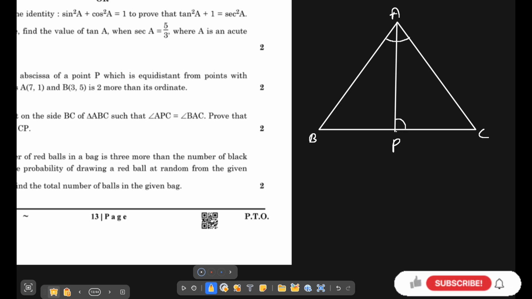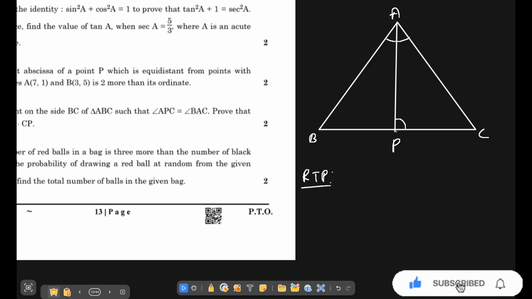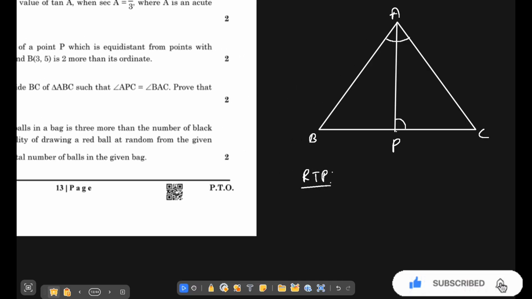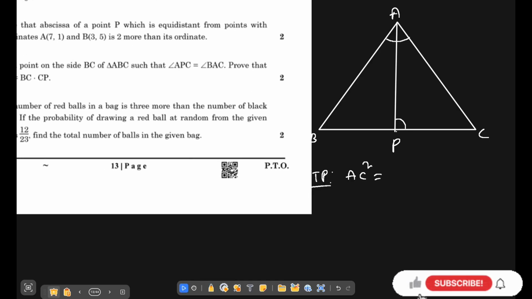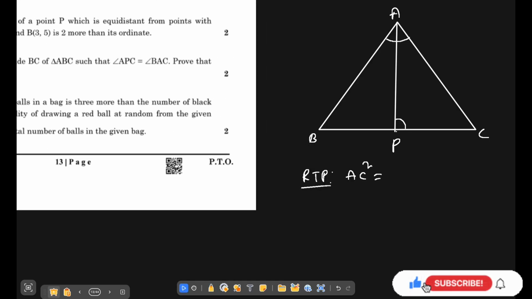So what is required to prove? We need to prove that AC square is equal to BC into CP.